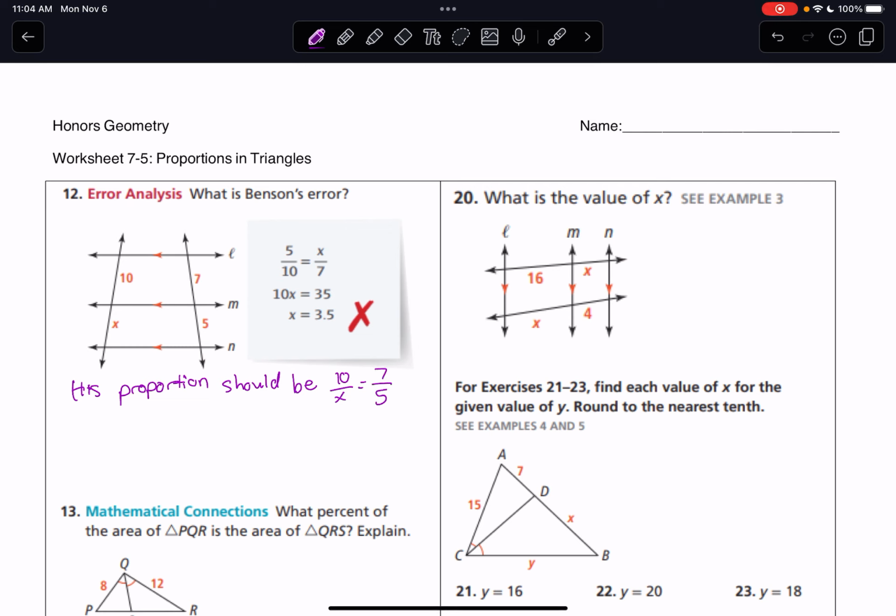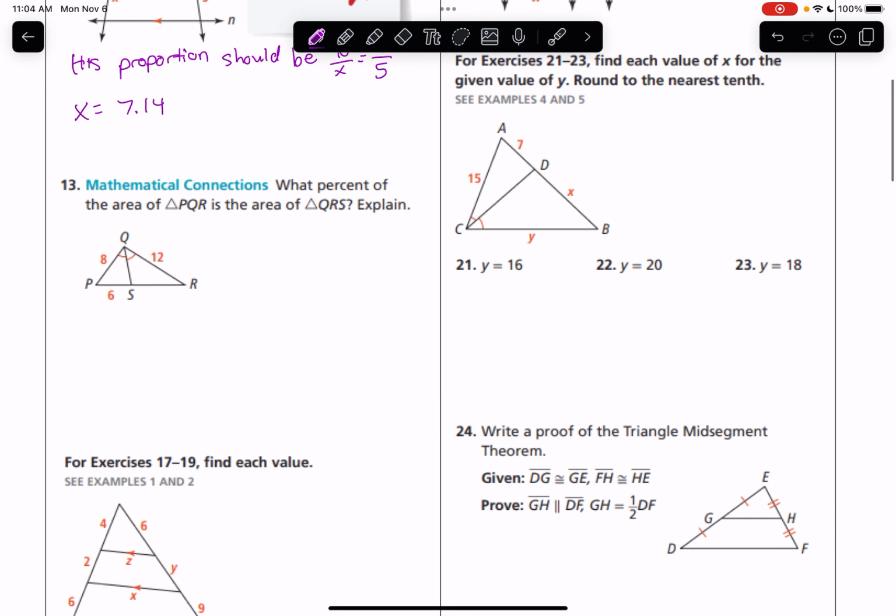And then when we solve that, x would be equal to 7.14.